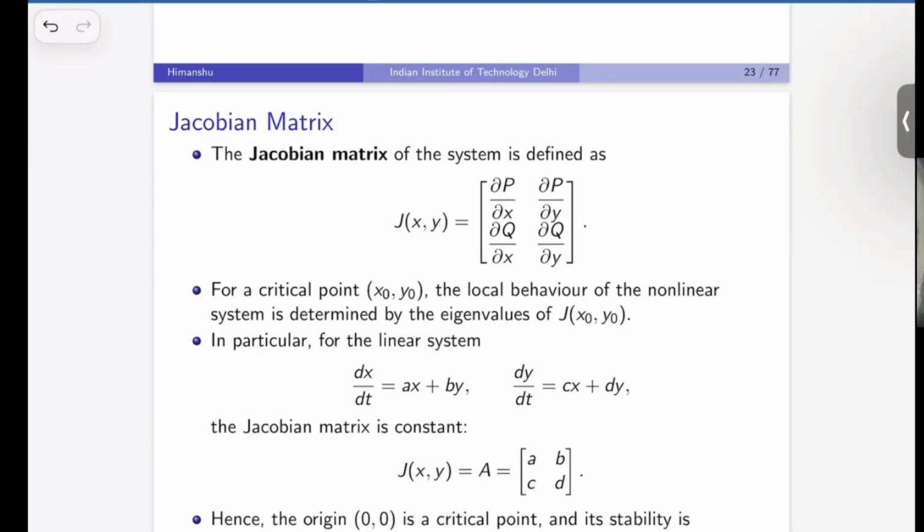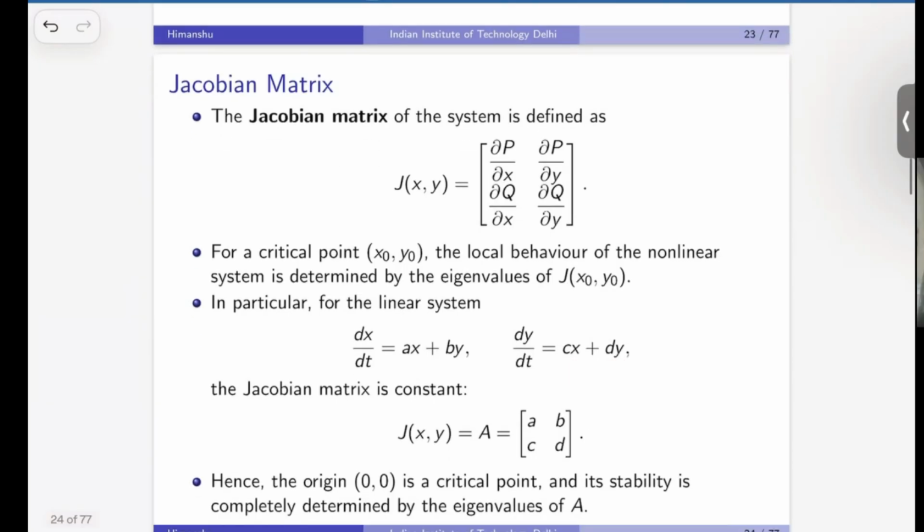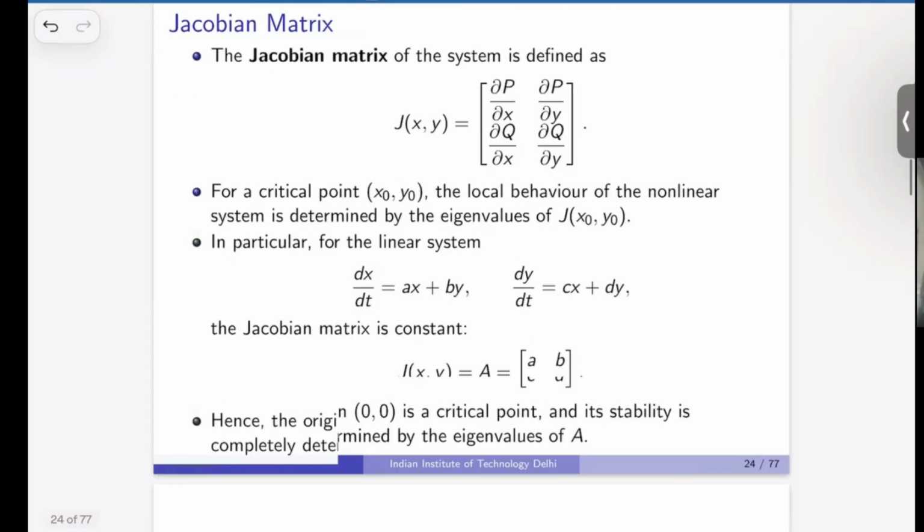Once you substitute (0,0) here, this is 0, this is also 0. Now how do we study the behavior? We find its eigenvalues, and depending on the eigenvalues of this matrix, we can say something about the behavior.